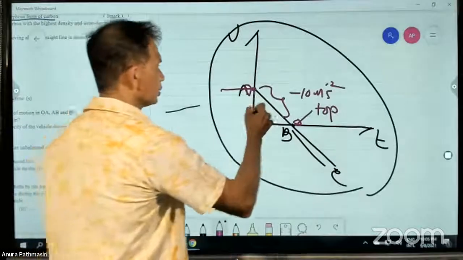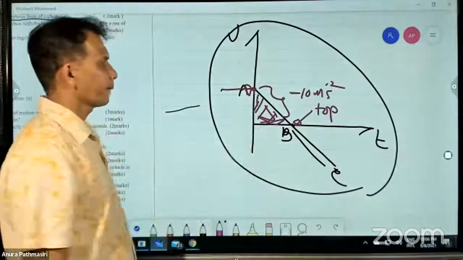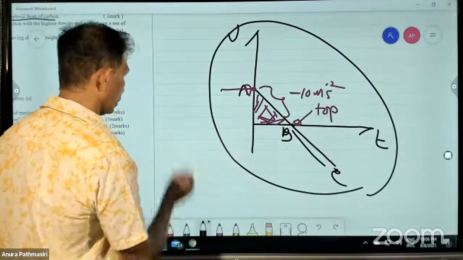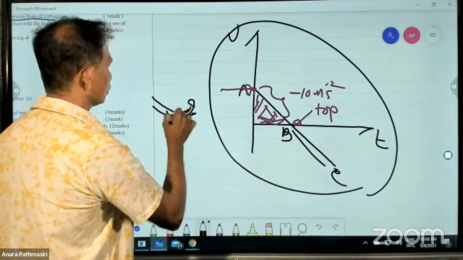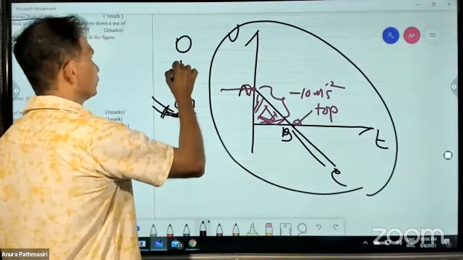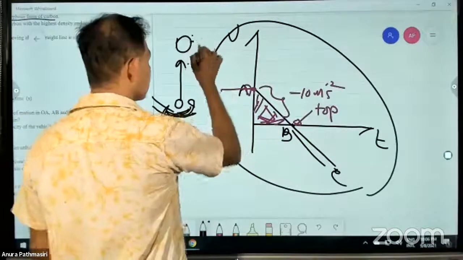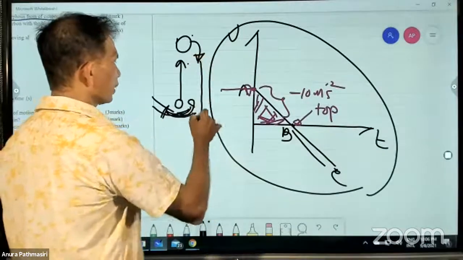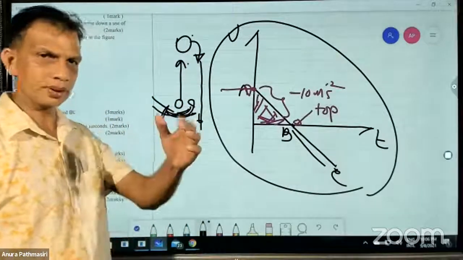And the distance we travel you can find out by calculating the area. It is thrown from your hand, and the ball moves up. The position is here, topmost, and then it turns around. And when it comes down, you can see that the velocity is increasing.